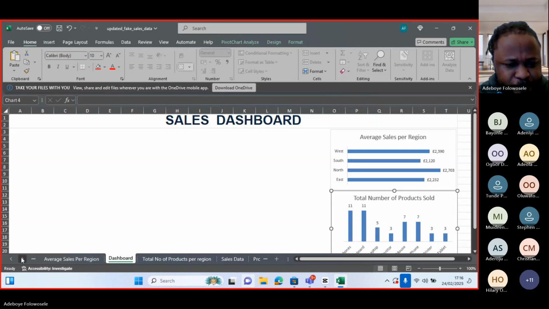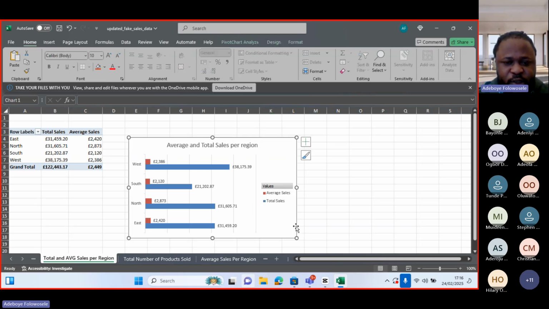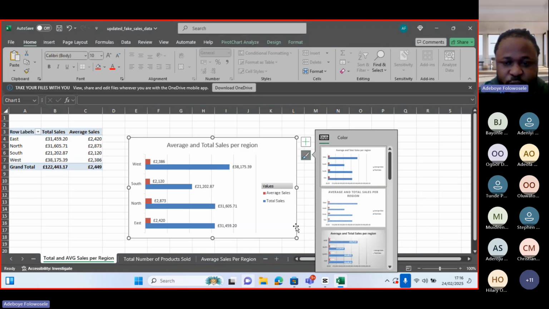Then, okay, I've done that of average sales per region. Then, yeah, this is average and total sales per region. So let me copy it. Average and total sales per region.